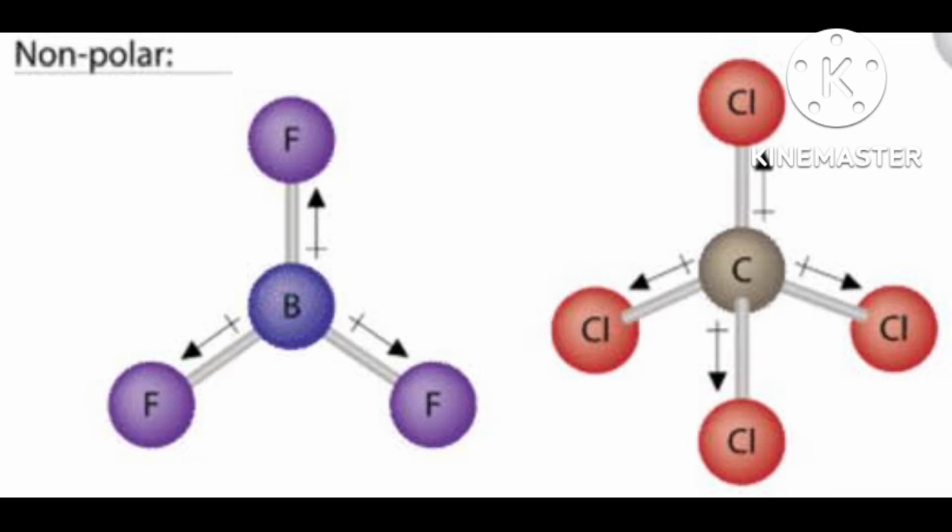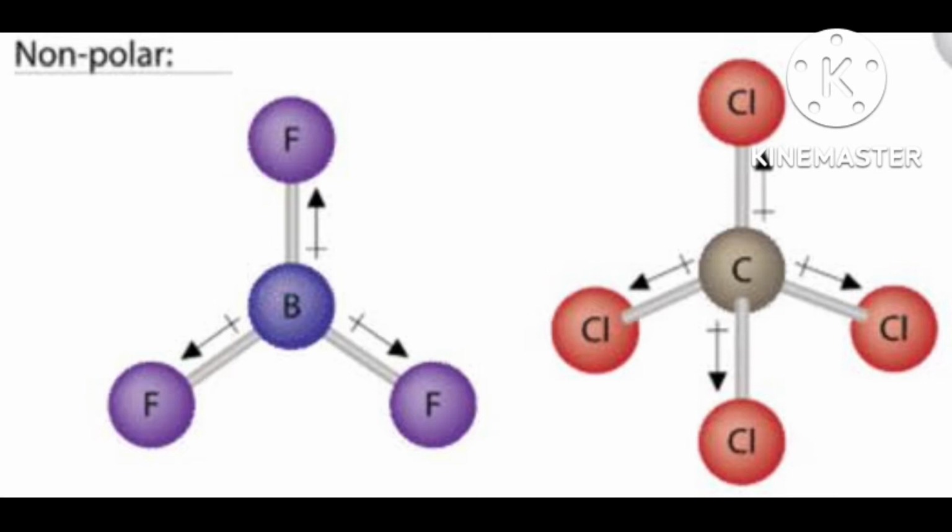In this case also the dipole moment is 0, although the BF bonds are oriented at an angle of 120 degrees. BF3 has fluorines, and the angle between any two BF bonds is 120 degrees. Just keep in mind, the angle is 120 degrees, but the dipole moment is 0.